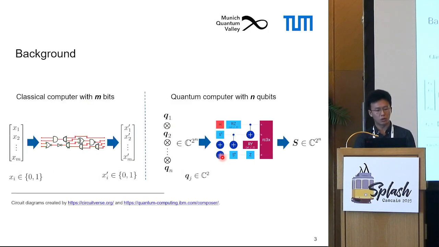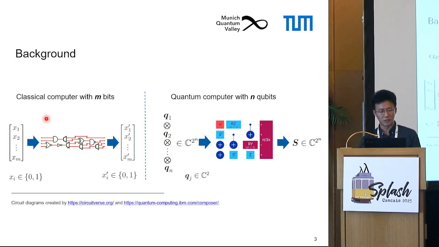Now, let's talk about quantum computing. We all know about classical computing. Say we have a classical computer with m bits. We can use a binary value to represent the state of a single bit, so we can stack all these m bits together and have a column vector of length m.